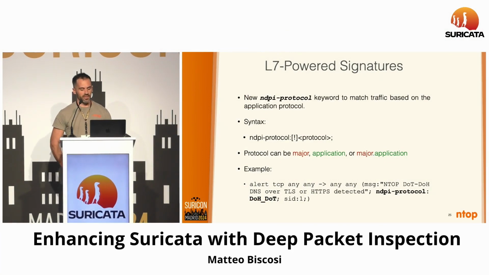So you can specify here ndpi-protocol, in this example, I'm using DNS over HTTP or TLS. You can specify just the application protocol or the transport protocol or both. So you can specify TLS.Facebook. And this will match the traffic on any port, of course.